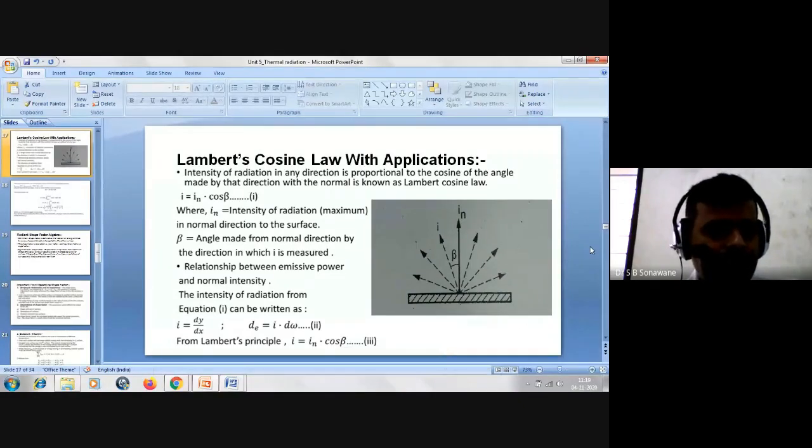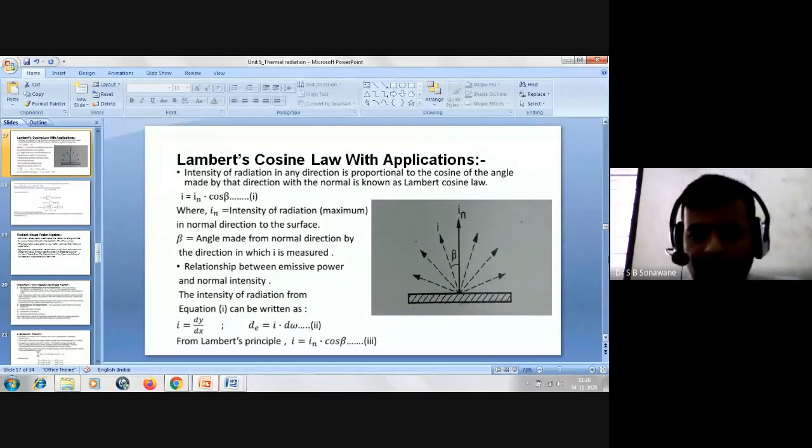In this session, we are interested to learn Lambert's cosine law and the shape factor. Let us begin with Lambert's cosine law and its applications.